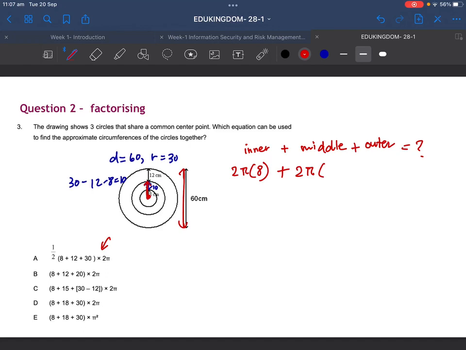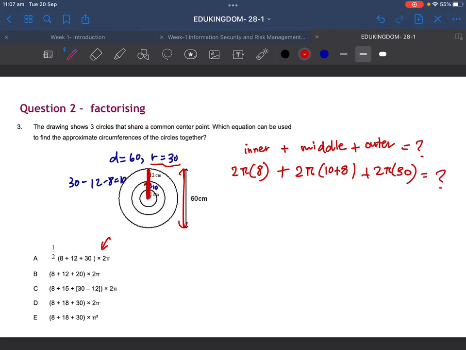That means that our radius is not 10, it's 10 plus 8. Okay? Plus the outer radius now. Now that we know, this one, we can just say it's 30, as we stated earlier, because now we're looking at this radius. So 2 pi radius, which is 30. And this should give us our answer.